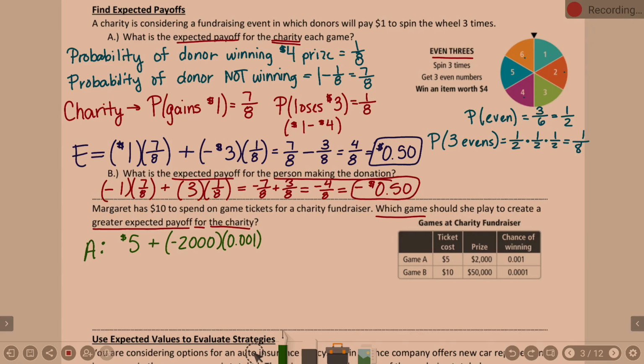Okay, and this is what can happen if she plays game A. She's going to give the charity $5. There's a 0.001 chance that the charity has to lose $2,000 to her. Okay, mathematically, what does this work out to be?